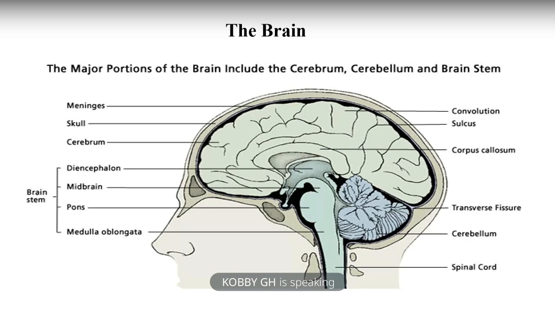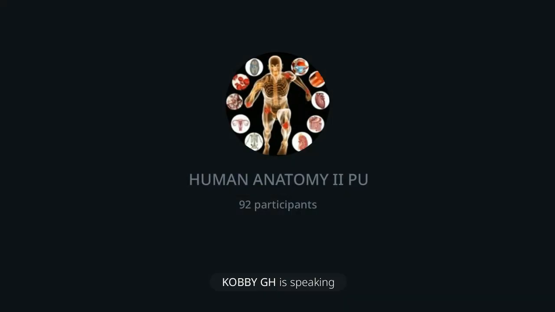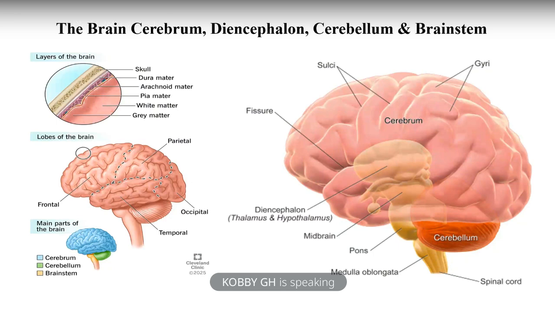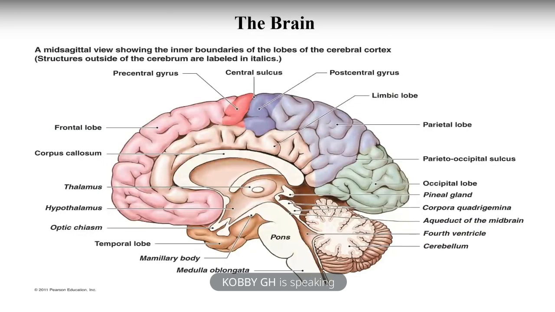Under the brainstem we have the diencephalon. The diencephalon is also divided into parts. Let me show you another image. The diencephalon is divided into subparts. We have the thalamus.